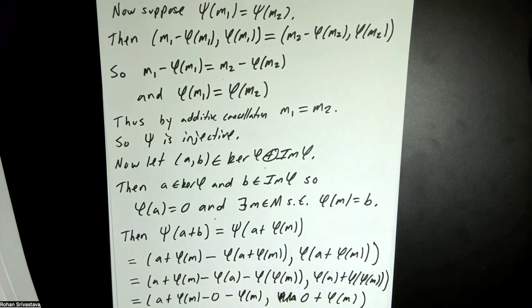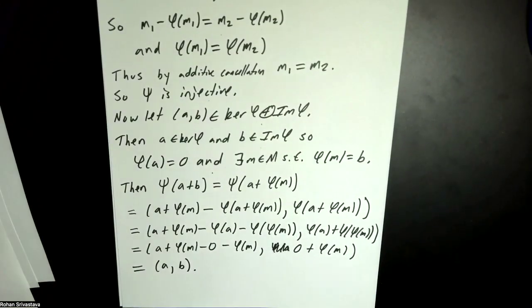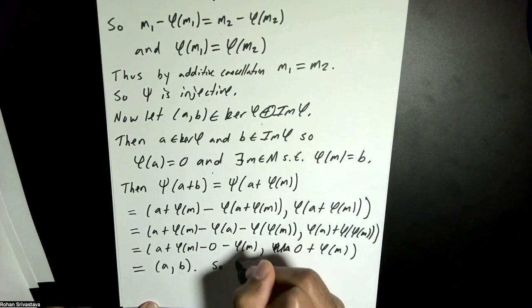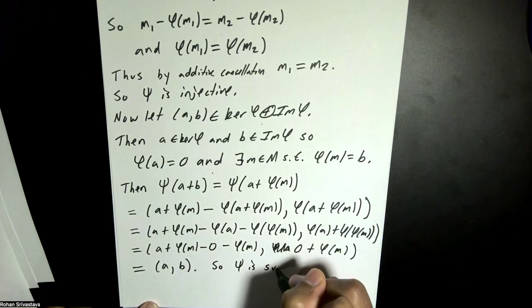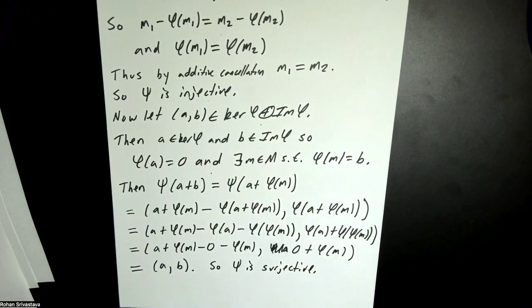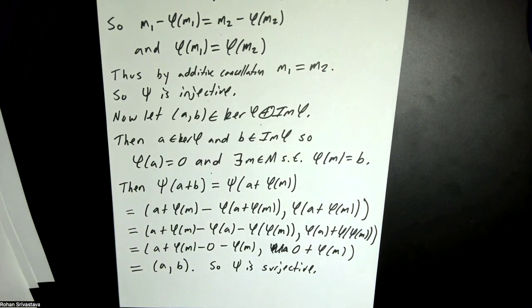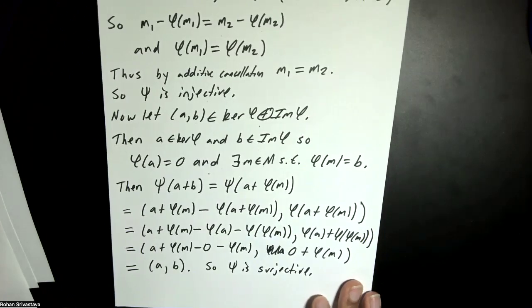So that's just AB. All right. So psi is surjective as well, and therefore psi is an R module isomorphism between M and the kernel of phi direct sum image of phi. Okay, so that completes part A.